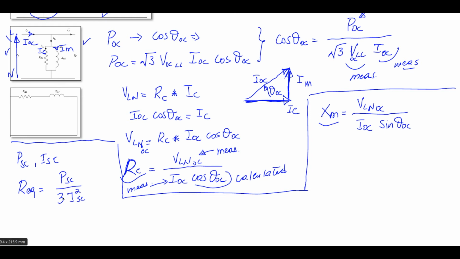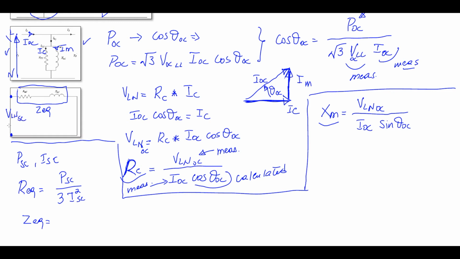Okay, this is found. Now we can find Z equivalent in order to find X from this Z equivalent. So Z equivalent, which is this impedance, and the voltage across the Z equivalent will be V line to neutral at short circuit.